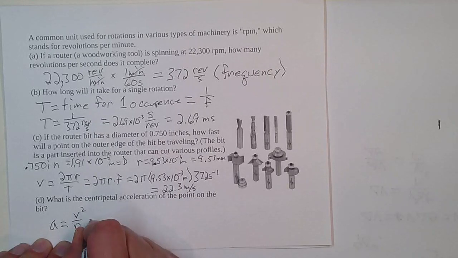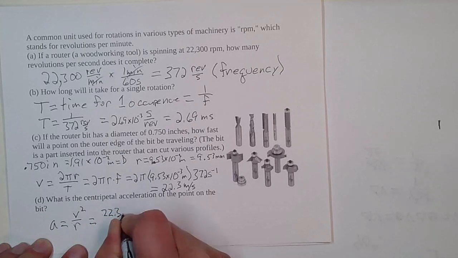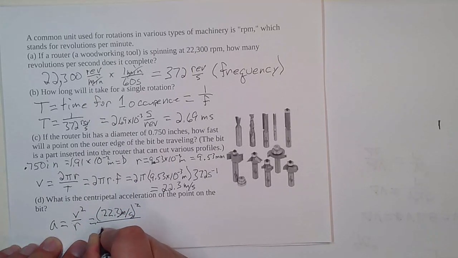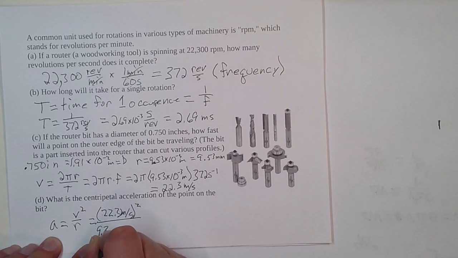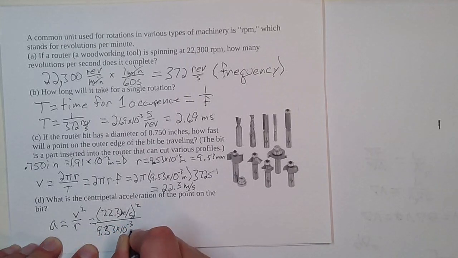So let's see how this thing turns out. 22.3 meters per second squared divided by the radius in meters, excuse me, 5.3 times 10 to the minus third meters.